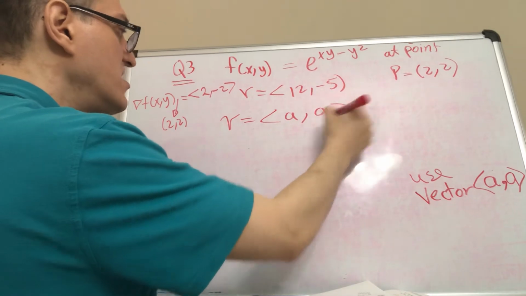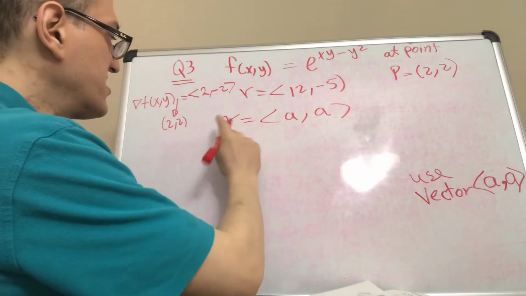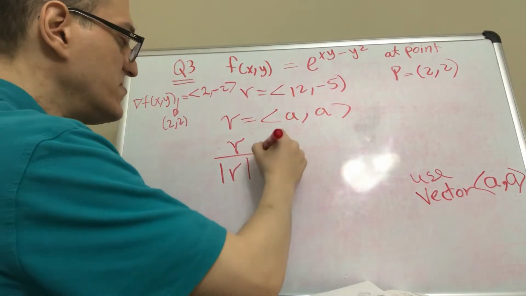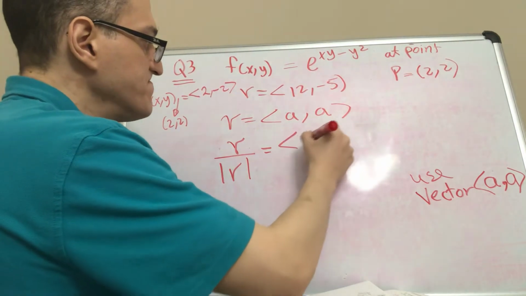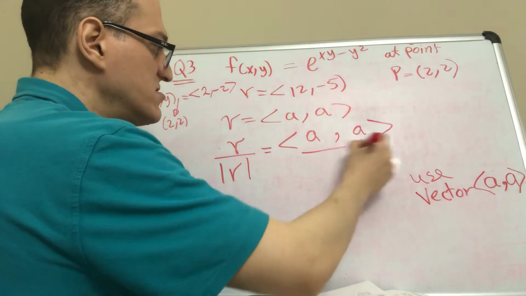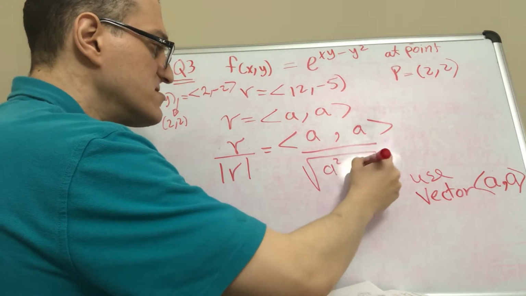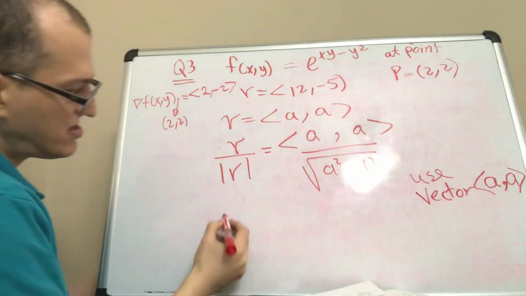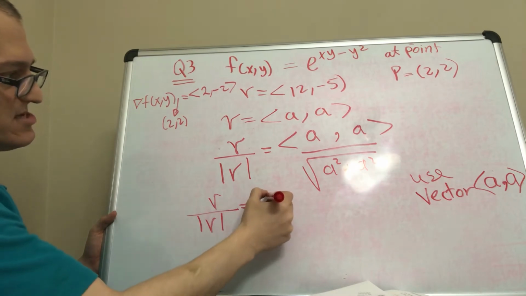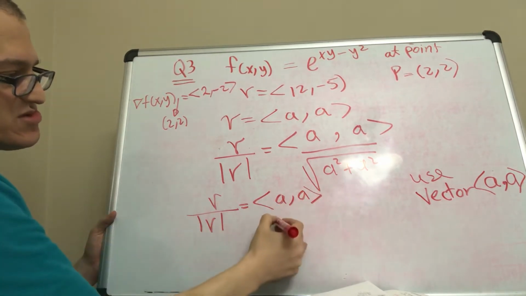(a, a). Let's do the same thing we did for the first question. The unit vector, so we go V over the magnitude of V. The magnitude, as you guys know, is the square root of the first one squared plus the second one squared. So it's V over the magnitude. This is a, comma a. This is 2a squared.